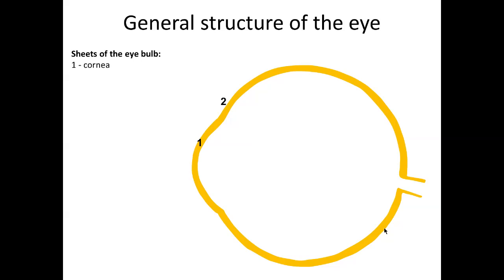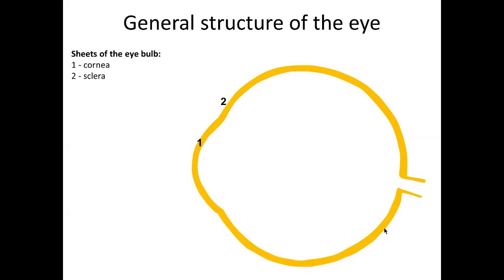And another portion of the first sheet is called number two, sclera. Sclera is of white color.